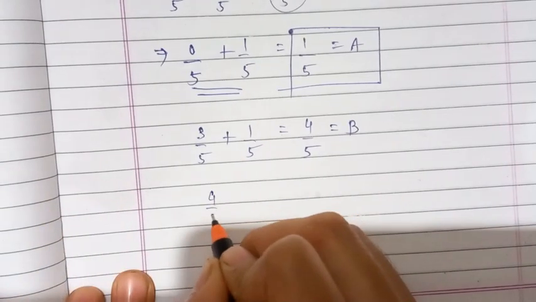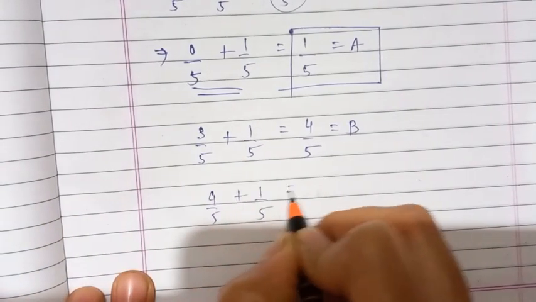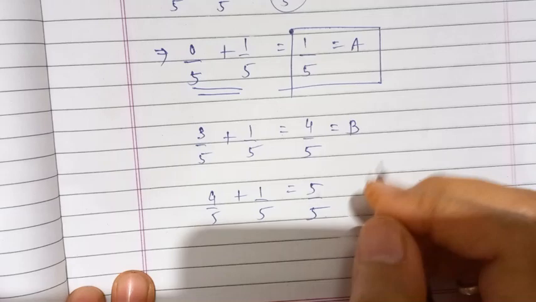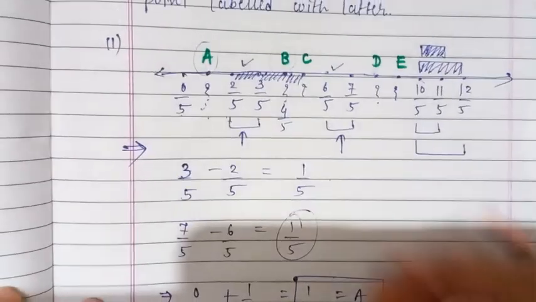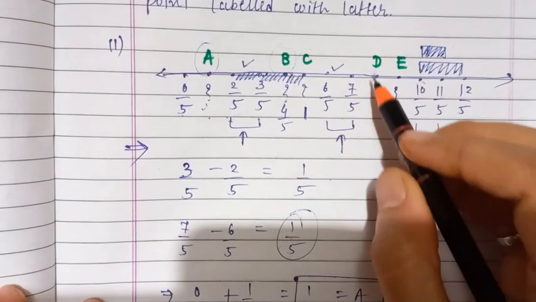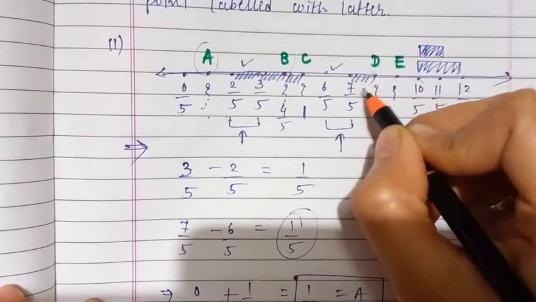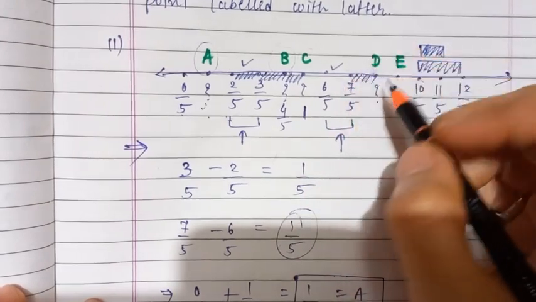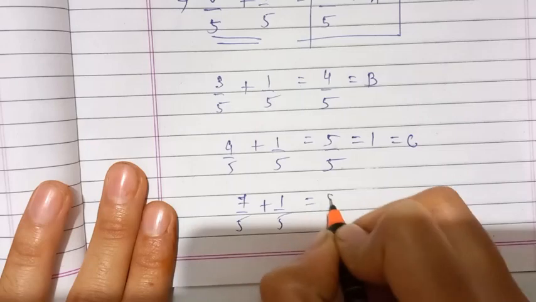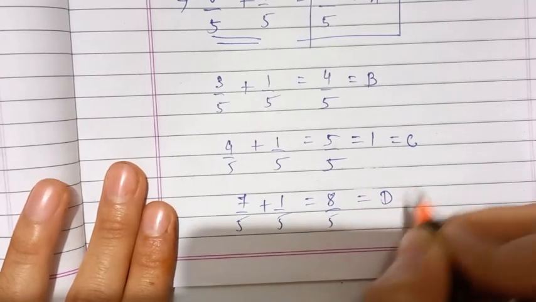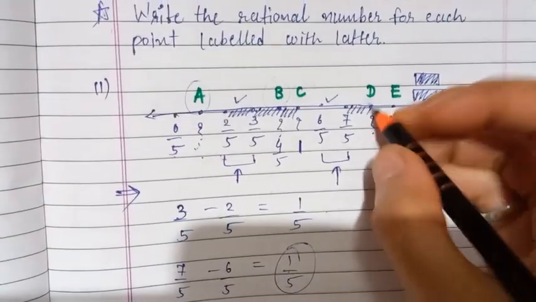So 4 by 5 plus 1 by 5 is 5 by 5, and we can write that as 1. So C is 1. Now D. We simply add the difference to 7 by 5 and we get D. 7 by 5 plus 1 by 5 gives 8 by 5. So D is 8 by 5.